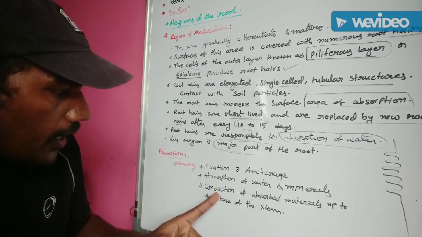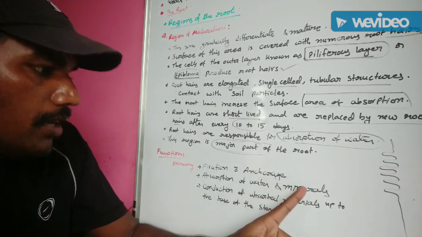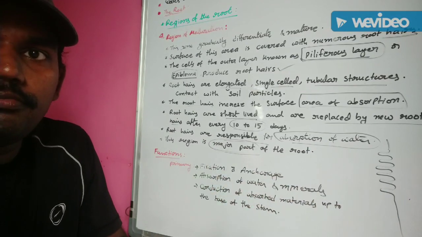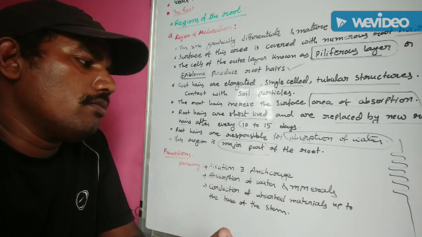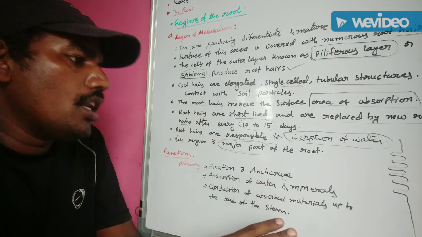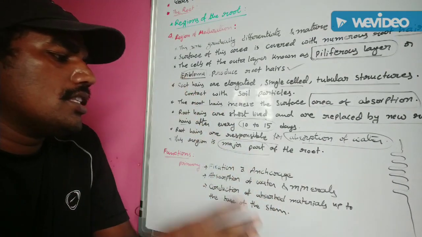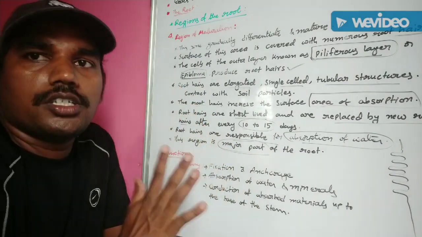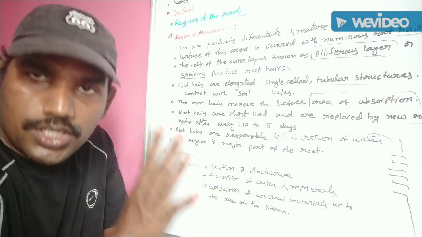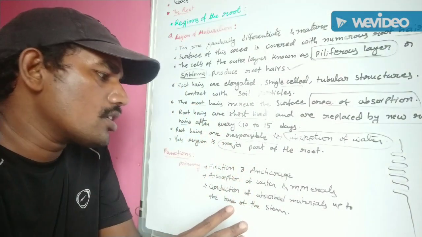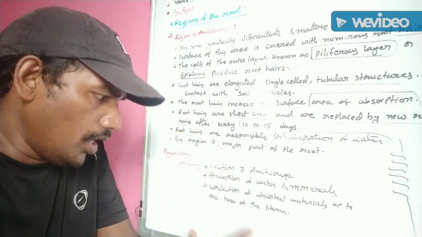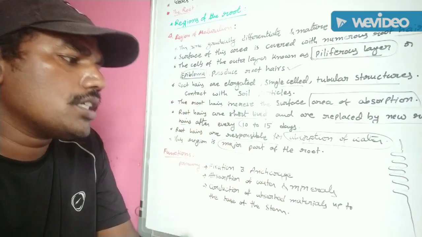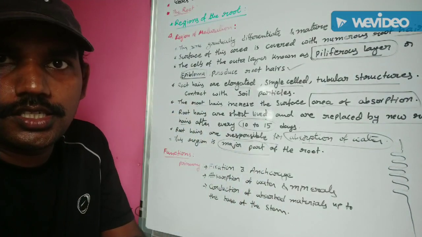Then conduction of water and minerals up to the base of the stem: the minerals and water are conducted up to the base of the stem by the root. These are the primary functions of the root. What are the primary functions? Fixation or anchorage, absorption of water and minerals, and conduction of absorbed materials.